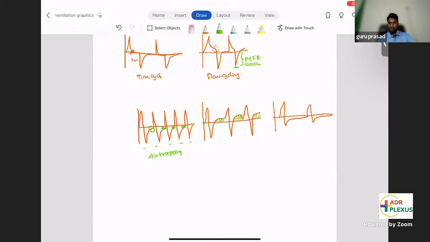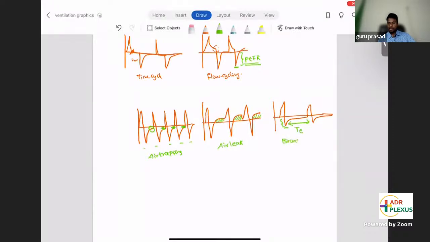So this is called air leak. Yes, excellent, someone has answered, Dr. Guru, right. And the third one, if you see, the peak expiratory flow has decreased and your TE has increased. That is, expiration time has prolonged and your peak expiratory flow rate has decreased.